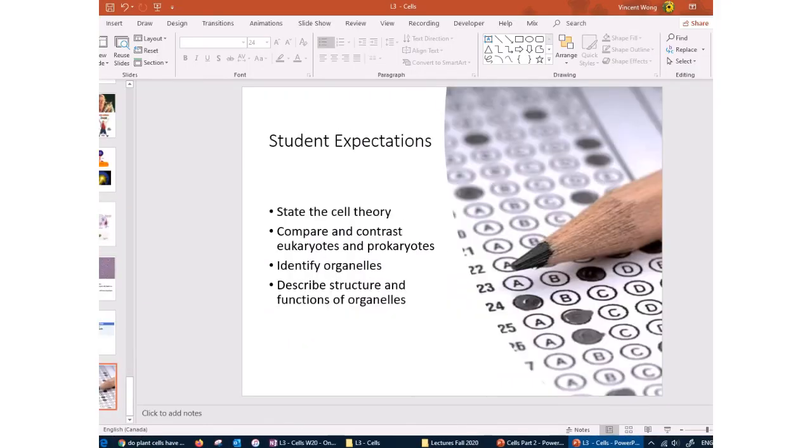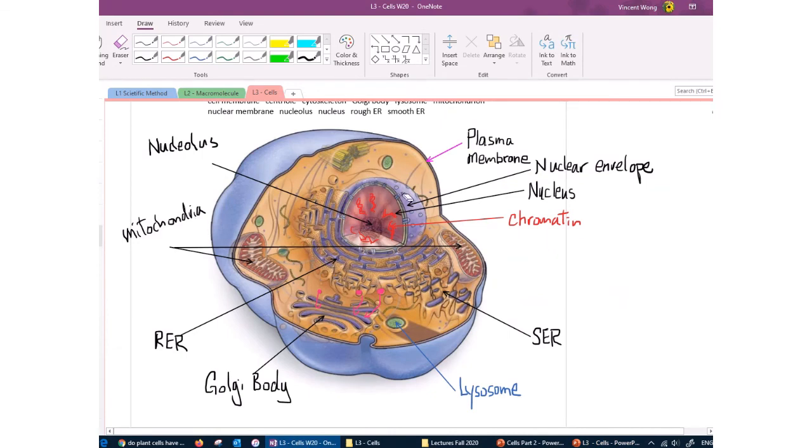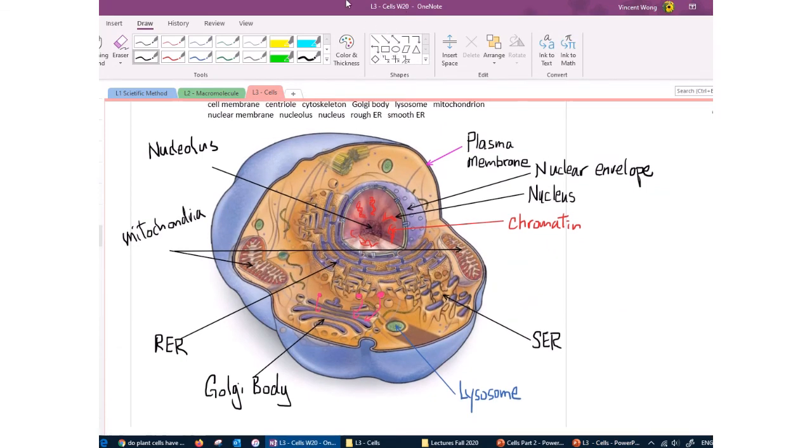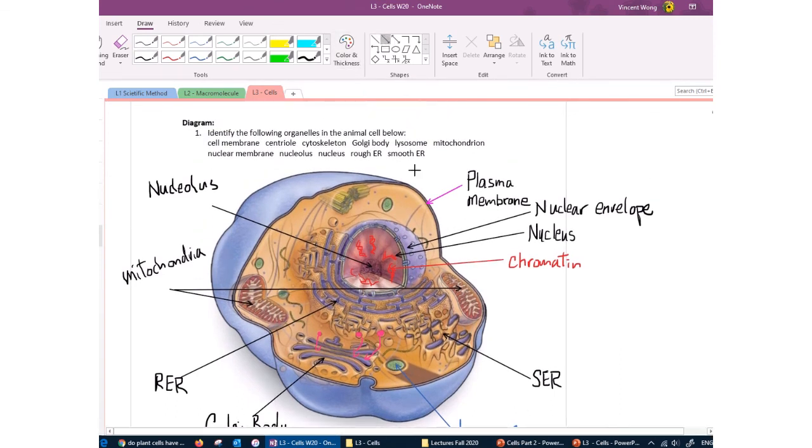But before we go, let's go back to this diagram and see if there's anything else we missed that we should label. So up here we have the centrioles. Remember, the centrioles are important for creating the spindle fibers, which are made up of microtubules, and they would guide the movements of chromosomes during cell division.